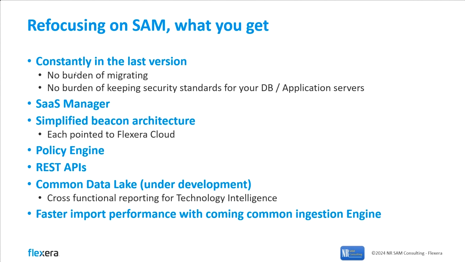So this may not look like the core of the value you get, but getting the latest version, you get the latest features. And if the roadmap is ambitious, you get something that you would not get by staying on an on-premise version, which is not upgraded.